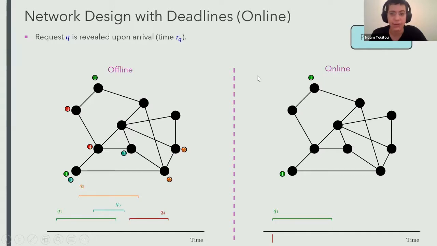And the request is revealed only upon the beginning of its time window. So here Q1 is revealed to the algorithm, time advances, Q2 is revealed, Q3 is revealed. Now Q1 has reached its deadline, so the algorithm transmits some set of elements serving Q1 and Q3 in this case. Time advances, another request is released, and so on until the input is over.